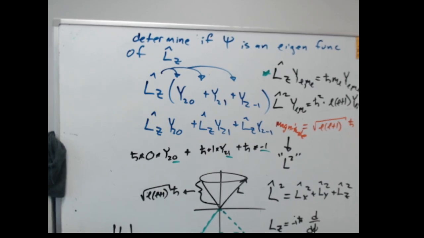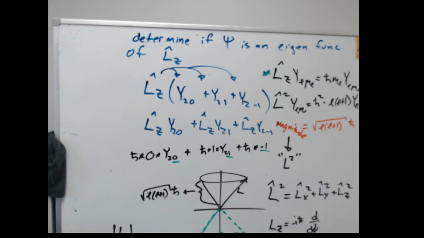And then you need to apply that to the actual function of whatever Y20 is and prove that you get a 0 value out. But since we already know that LZ operating on YLM just gives us the m sub L value out, we don't have to go through that proof again unless the problem specifically asks us to do that.